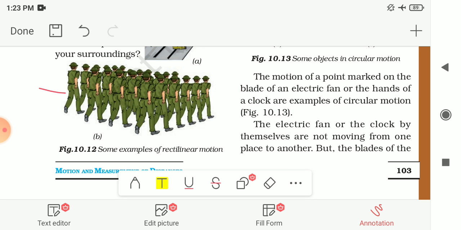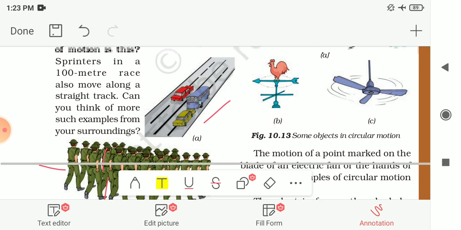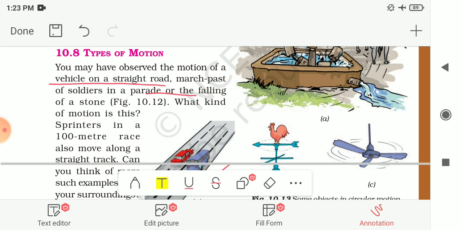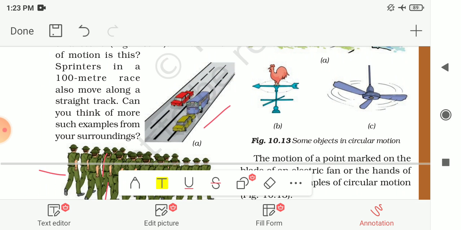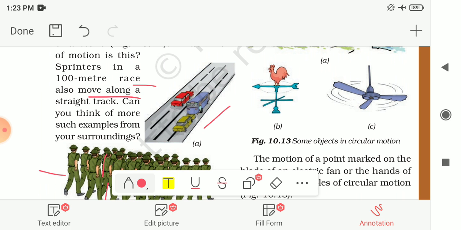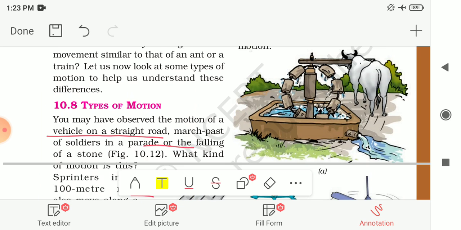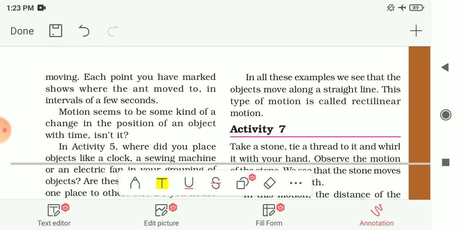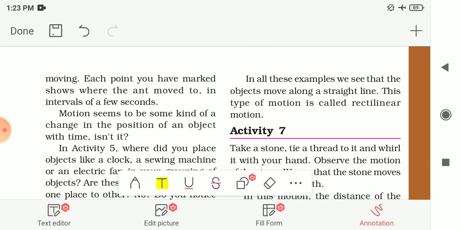Other than that, sprinters, that means the players, in a 100-meter race are also moving along a straight track. Can you think of more such examples from your surroundings which are moving in a straight line? Like a train, which is also moving along a straight track.